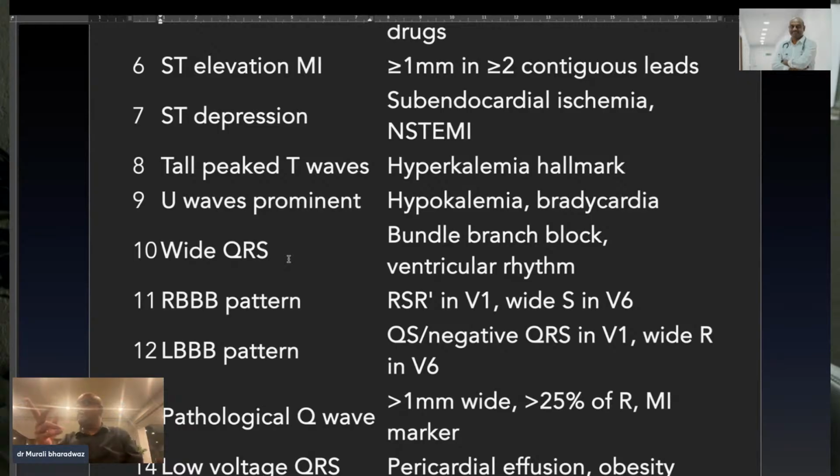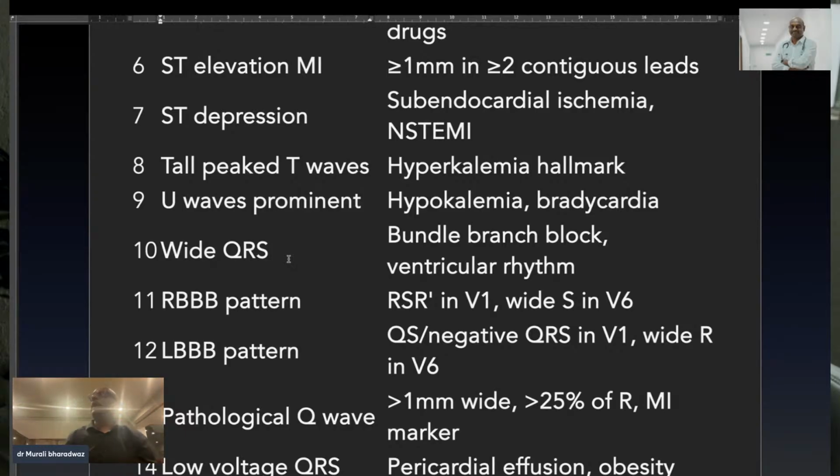Right bundle branch block: M shape in V1 and W shape in V6. Both of them are wide QRS.